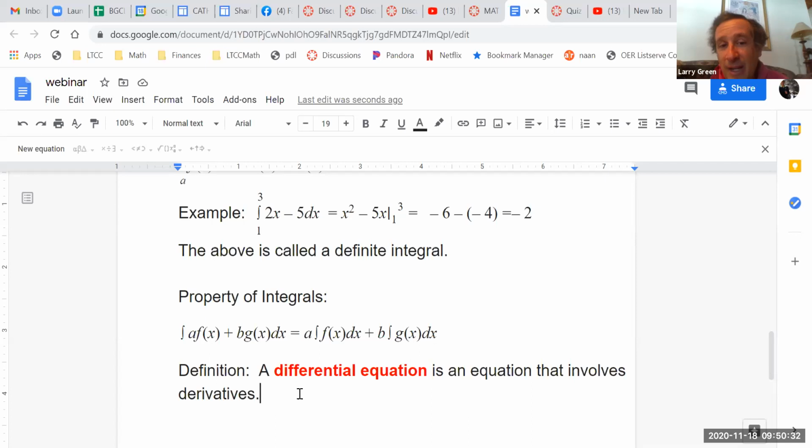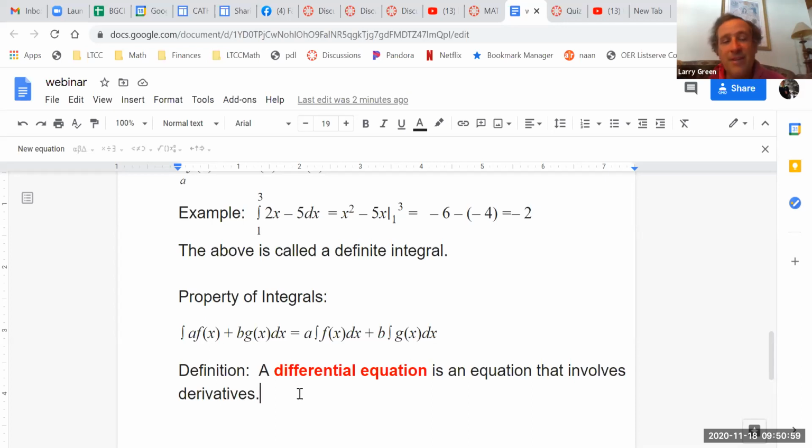Have you heard of exponential growth? That's a differential equation. Have you heard of circuits? Like if you have a circuit with voltage and current and that kind of stuff, all that's related via a differential equation. Pretty much anything you think about is related via a differential equation.